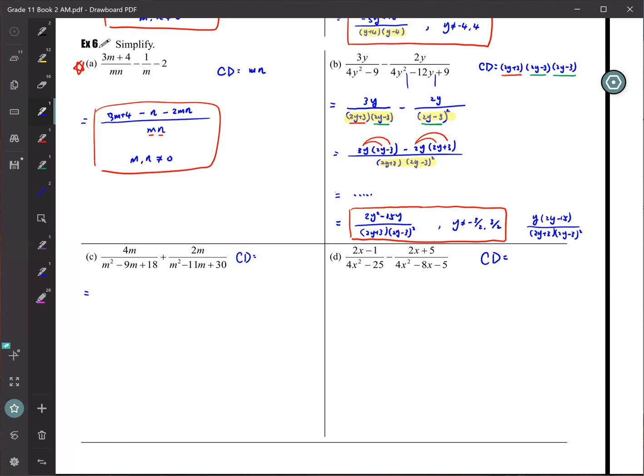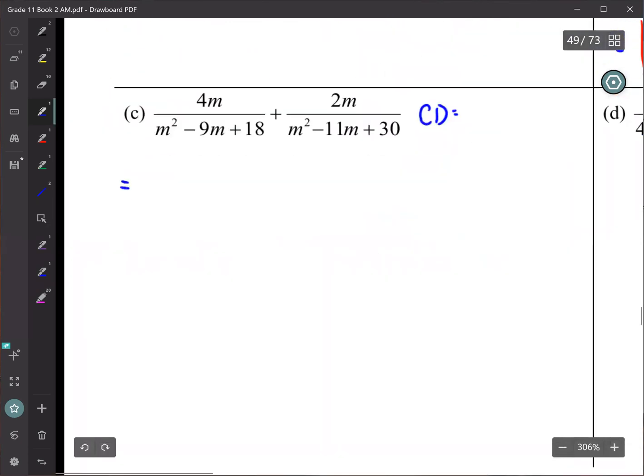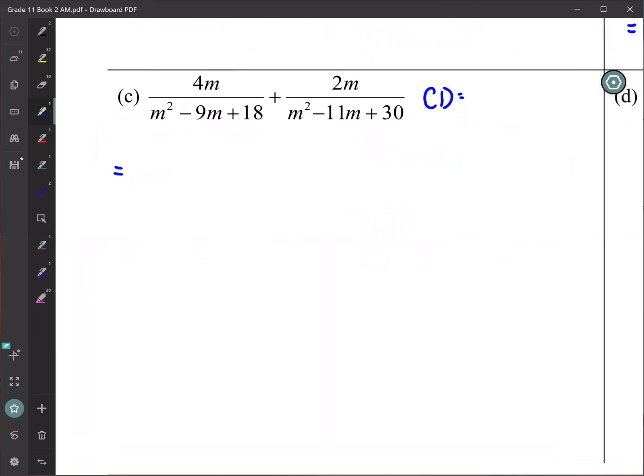Nathan, once you get a common denominator, please let me know for question C. Jason, the common denominator is m squared take away 99m plus 540.